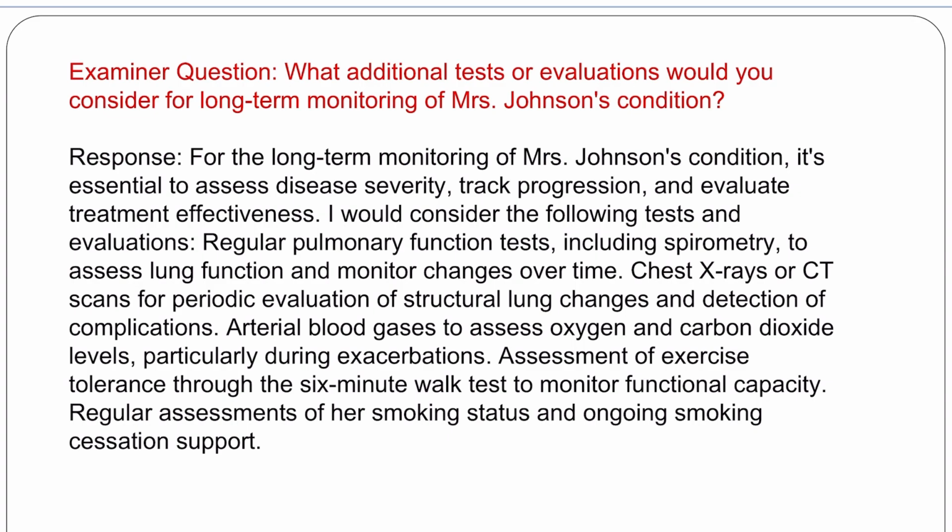I would consider the following tests and evaluations: regular pulmonary function tests, including spirometry to assess the lung function and monitor changes over time; chest X-ray or CT scan for periodic evaluation of structural lung changes and detection of complications; arterial blood gases to assess oxygen and carbon dioxide levels, particularly during exacerbation; assessment of exercise tolerance through the 6-minute walk test to monitor the functional capacity; and regular assessment of her smoking status and ongoing smoking cessation support. So these are what you're going to do to proceed with the long-term monitoring of Mrs. Johnson.